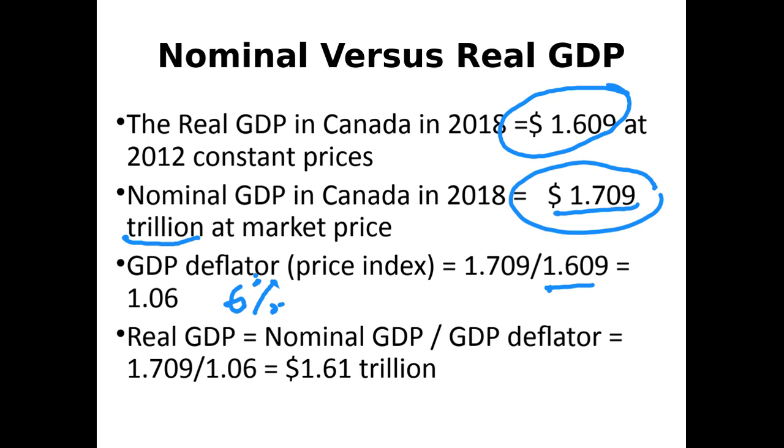So I just write this formula. You can play with these three variables. If you want to calculate real GDP, and you have nominal GDP and this price index of 1.06, this is what we call the GDP deflator. When we talk about inflation, we normally calculate it using the consumer price index. This is another index, called the GDP deflator. This is also a price index, but it includes the prices of all goods and services, for example tanks, fighter jets, bombs.